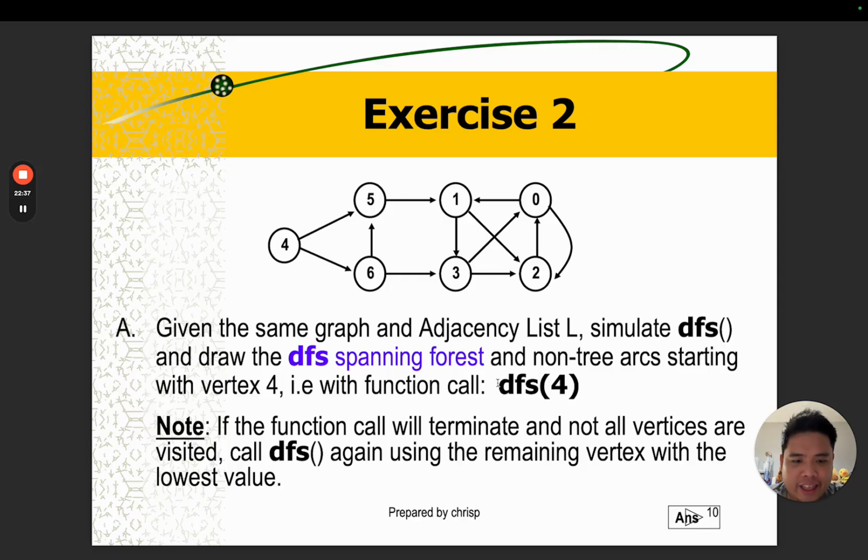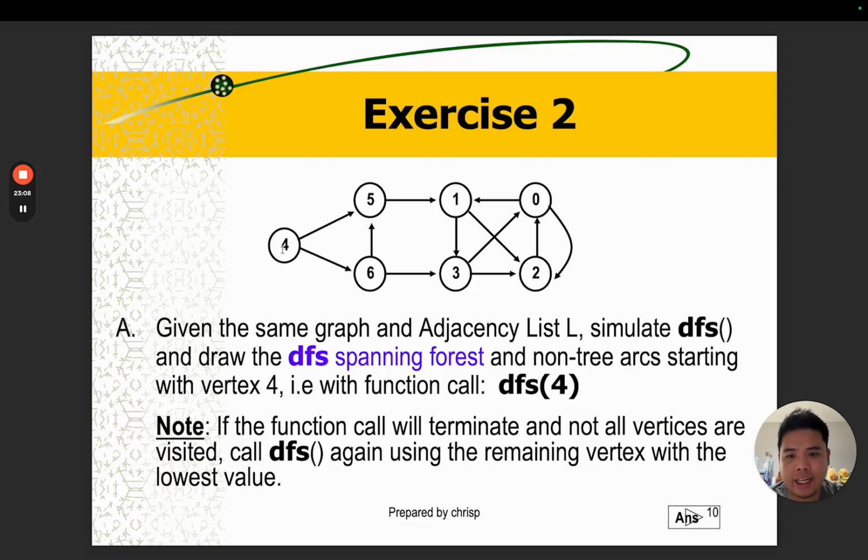We will start at DFS 4, okay? Is 4 already visited? No, it hasn't been visited, so I'll start at 4. I have two adjacent nodes, and let's just say they're arranged in ascending order, so we'll focus on the smaller value first. 4 will visit 5.